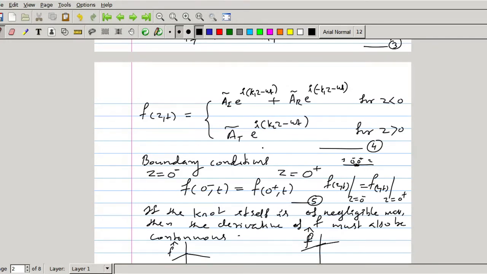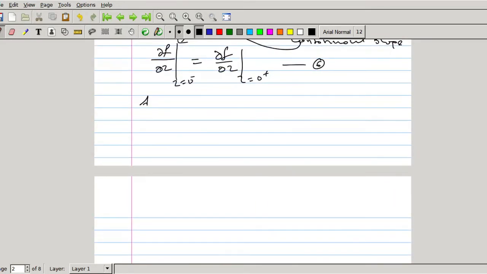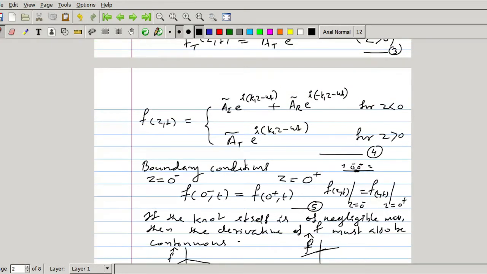Now apply the first boundary condition, equation 5, on wave equation 4.